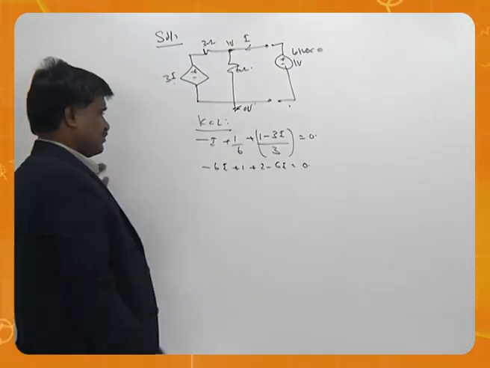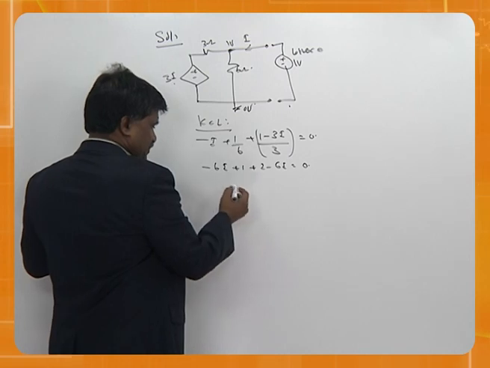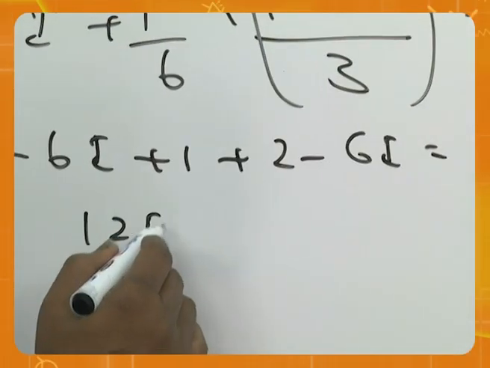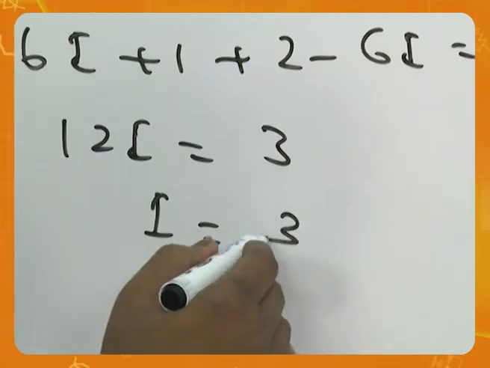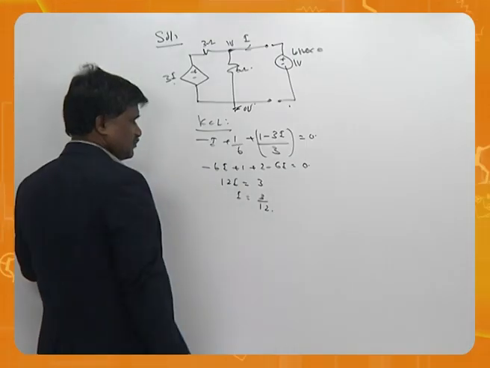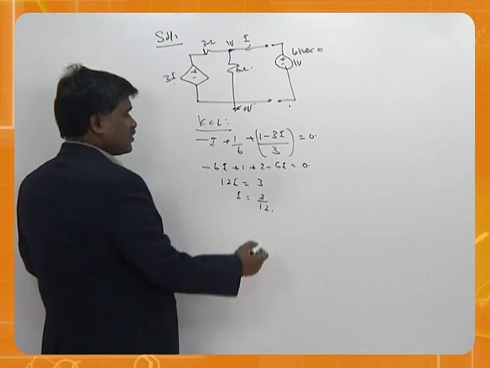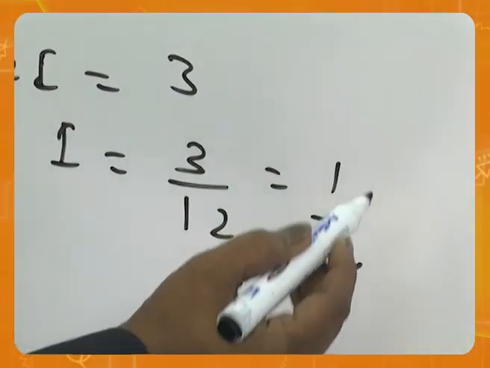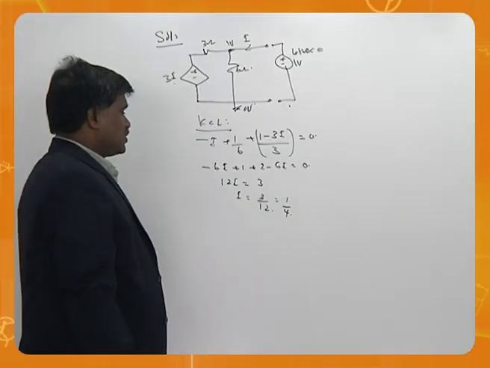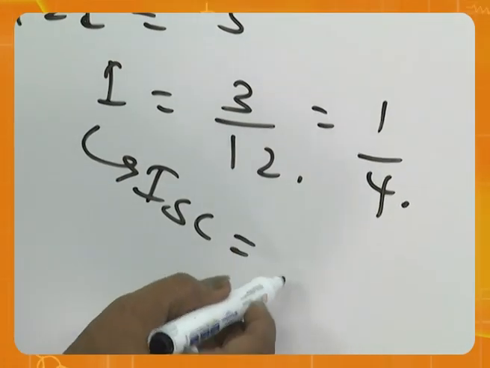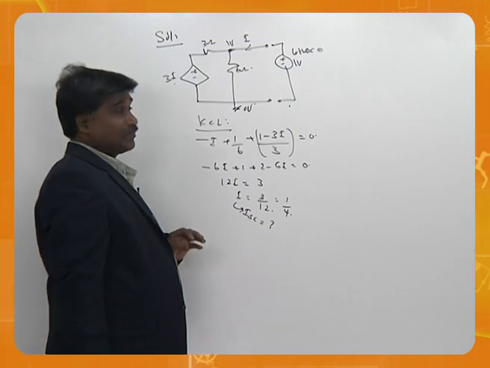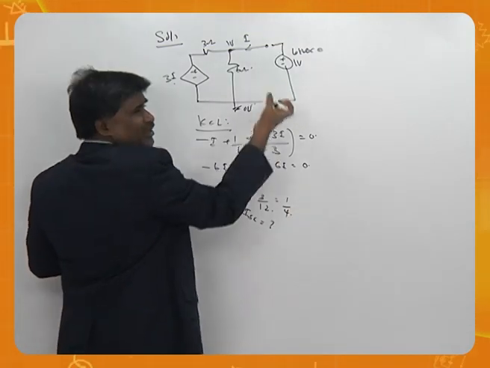If I take LCM, this becomes 12I is equal to 3. Therefore, I is equal to 3 by 12, which means 1 by 4. So this can as well be treated as the short circuit current. Why? Because if we short this, the same current flows.